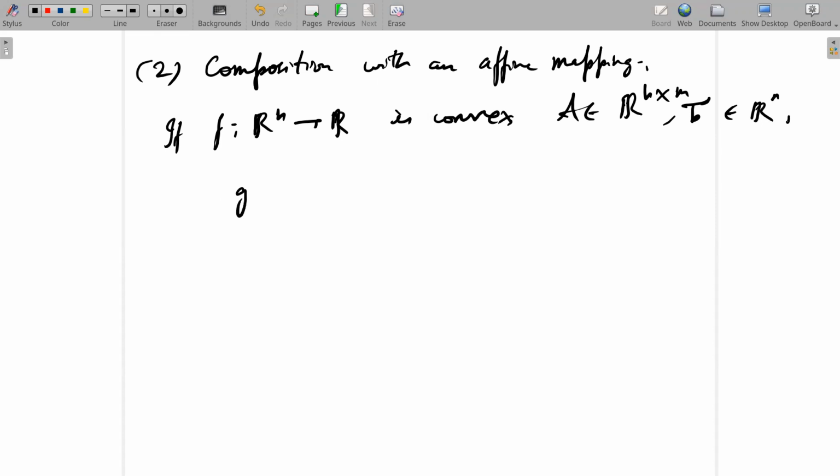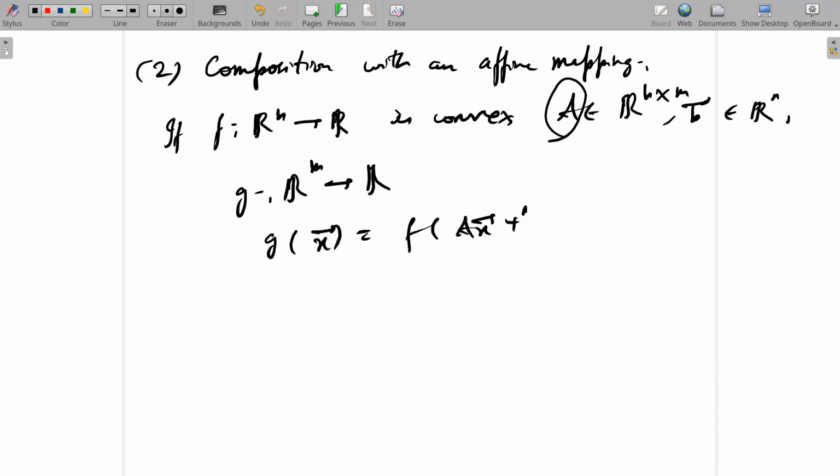Then this function g from Rm to R is defined as a composition. So g of x is equal to f of Ax plus b.